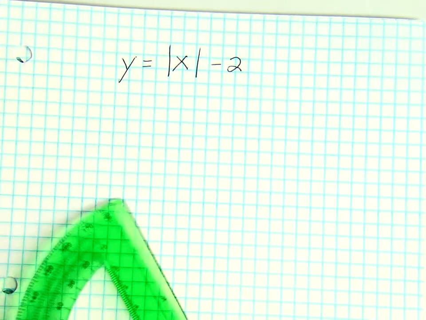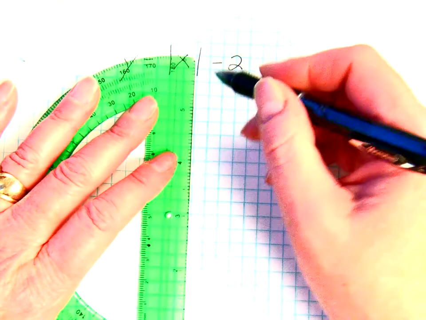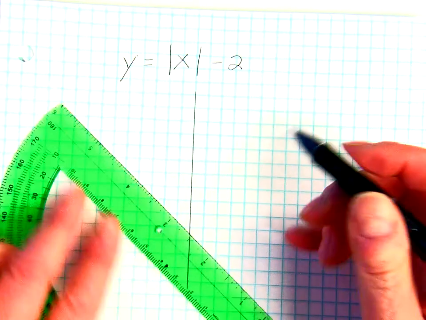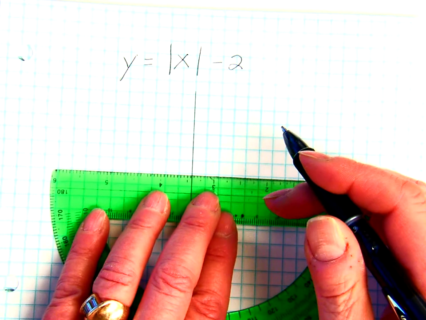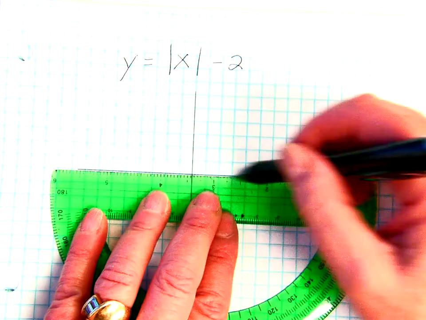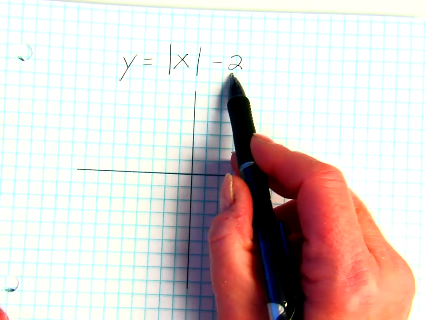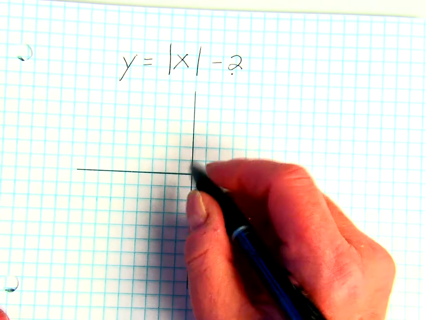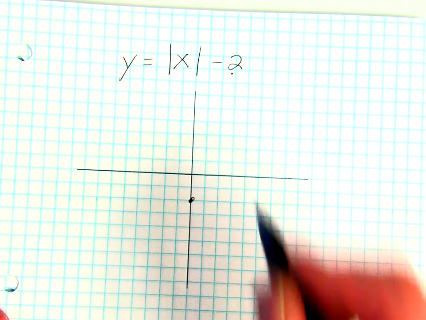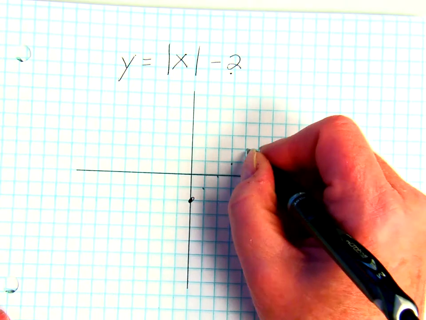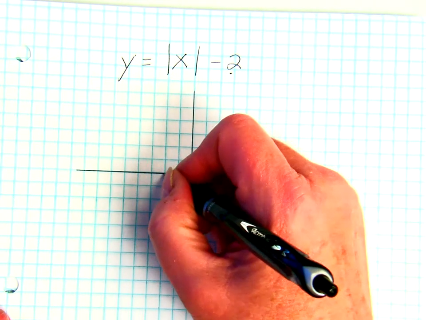Now, I know that I am just going to have to build this coordinate plane, and I know that I'm going to bring my vertex point down to 2 on the x-axis, and then my graph will go from there.